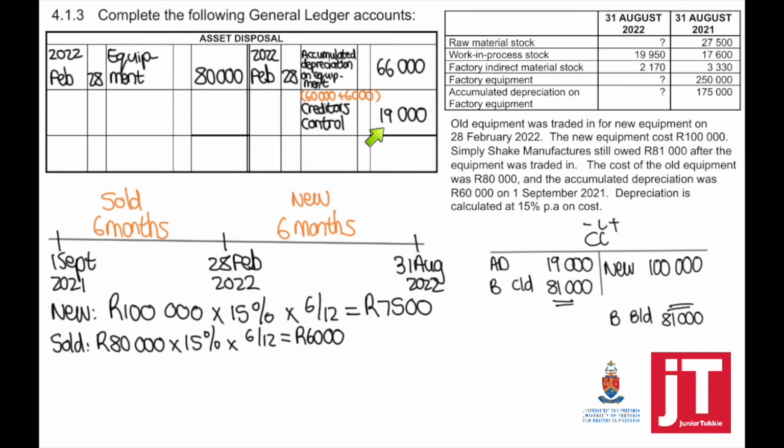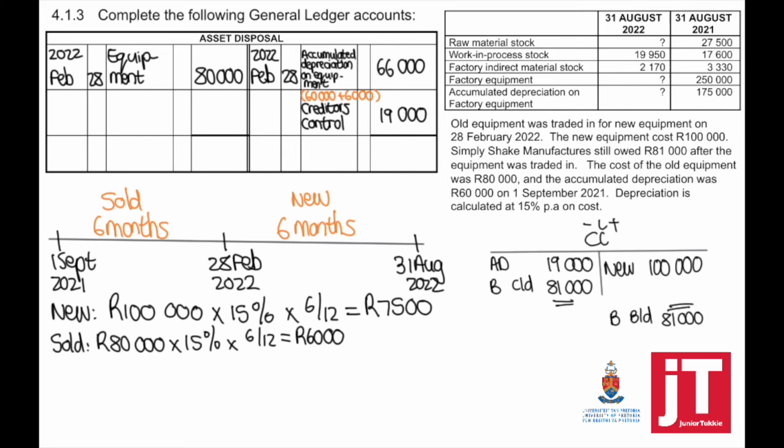Details, creditors control, because we traded it in, 19,000. So you needed to find out the selling price by completing a T account. We still owed 81,000, the new cost 100,000, so you could find the selling price.